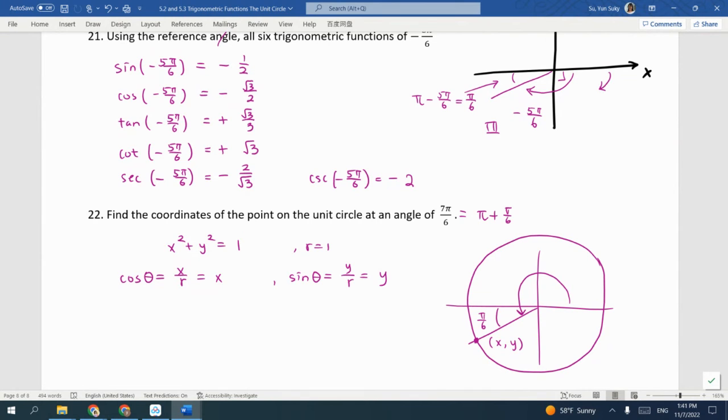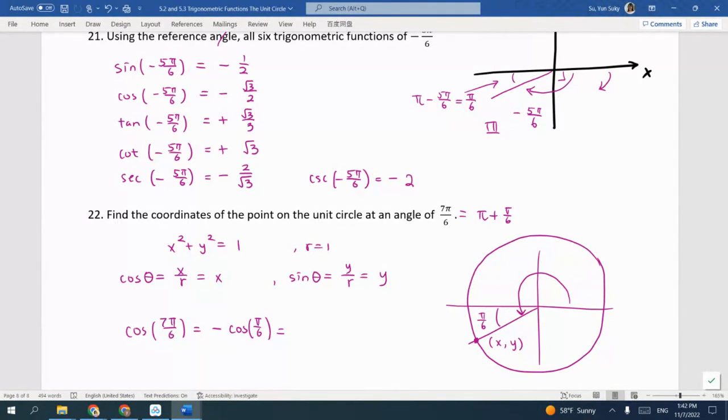And in the third quadrant, we know sine is positive or negative? Negative. Cosine? Negative. So cosine of 7 pi over 6 is negative cosine of pi over 6. But do you see this angle and that angle are actually the same? They differ by 2 pi.